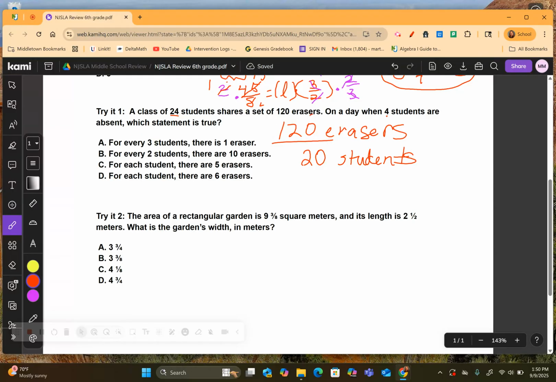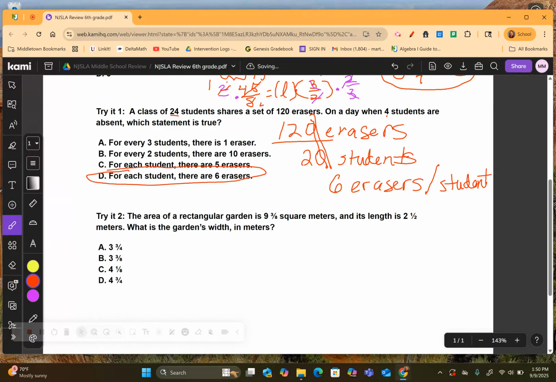Again, I can just cross out these zeros and take 12 divided by 2, which is 6 erasers for each student. So your answer here is D.